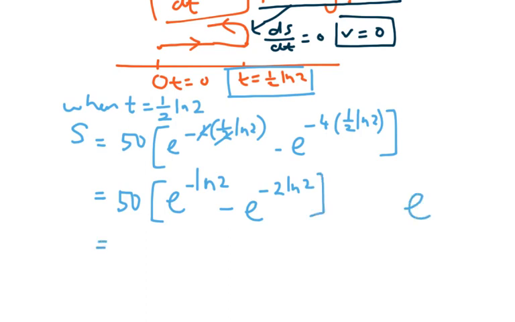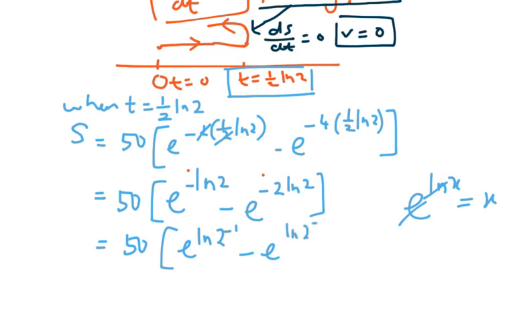Normally when we have exponential of ln of x, the exponential and ln can be cancelled and you will get x. But here there's a negative sign, so you bring the negative up, and then you will get 50 times exponential of ln 2 to the power of negative 1 minus exponential of ln 2 to the power of negative 2.